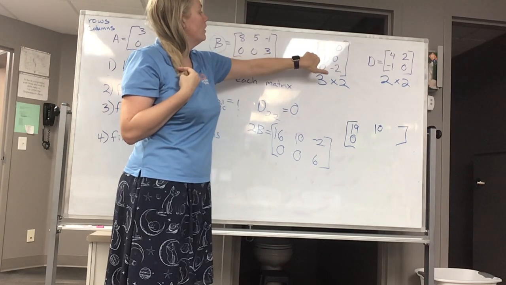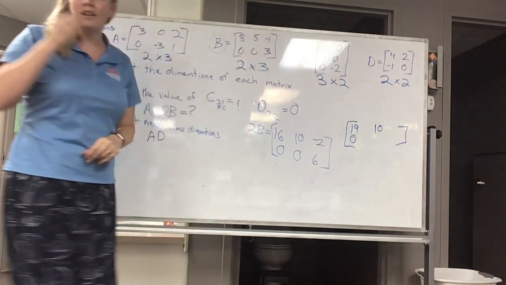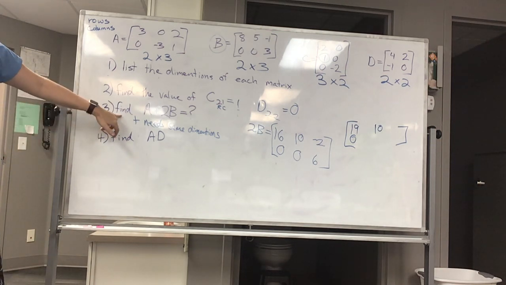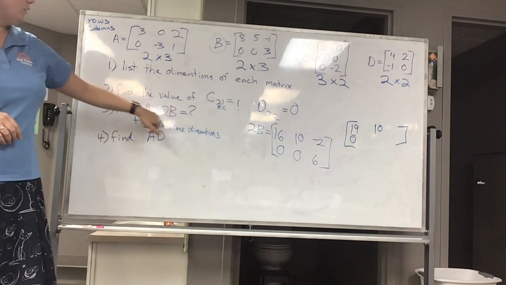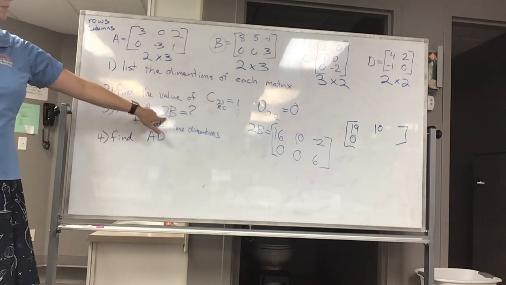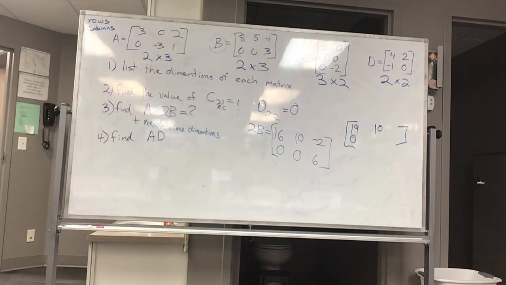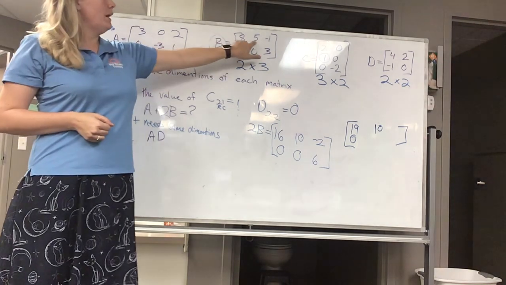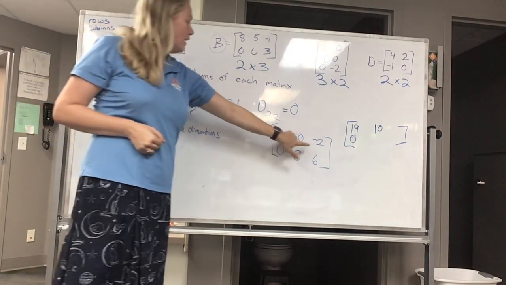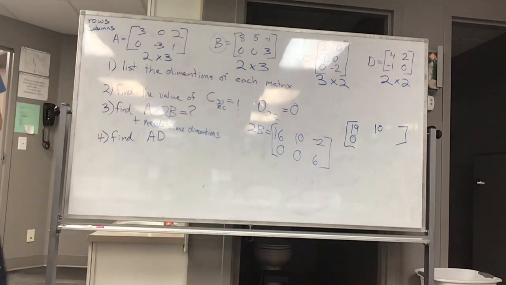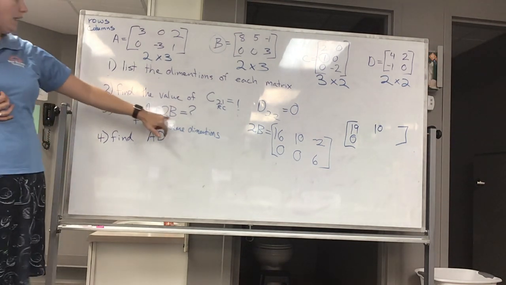I should not draw tick marks. So we were talking about adding 2 different matrices, and then we were talking about what 2b meant. 2b was a scalar, and so we multiplied everything in b by 2 to get 16, 10, negative 2, 0, 0, 6. And then we were about to start adding them together, a and b.